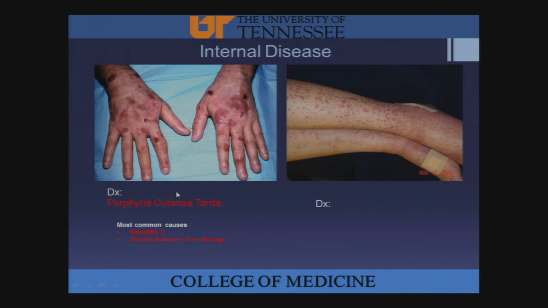Hep B, alcohol-induced liver damage? What else? Hemochromatosis. Okay, so it's a nice group of liver disorders that causes this, and the reason is you get an acquired defect that leads to an accumulation of porphyrinogens, and therefore they get oxidized into porphyrin that goes to your sun-exposed areas and causes damage from the light. That's how it works. So liver issue leads to increased porphyrins.